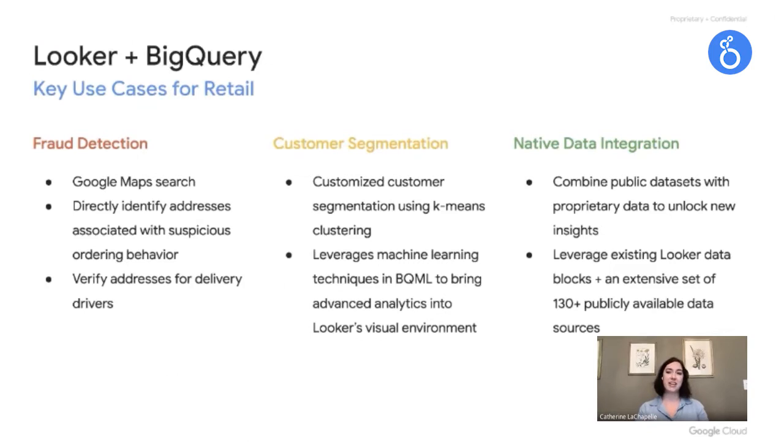It's an extensive set of over 130 publicly available data sources. And we'll go through some of those in a little more detail. All right, so with that, let's hop into the demo.